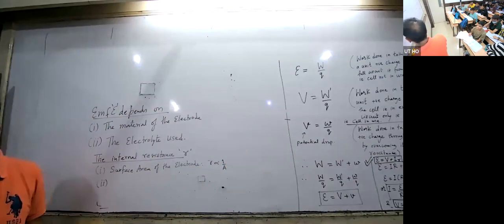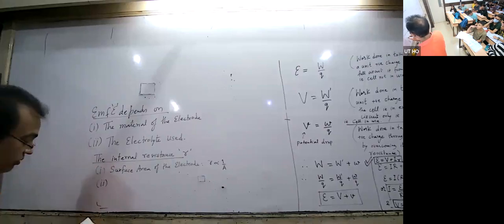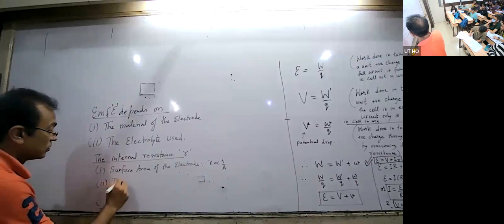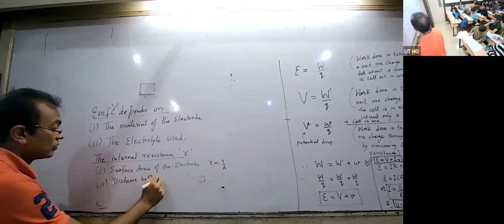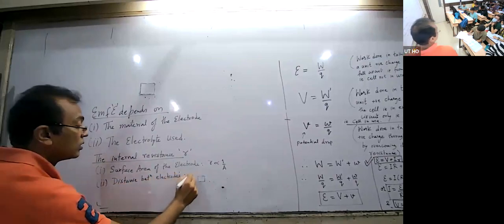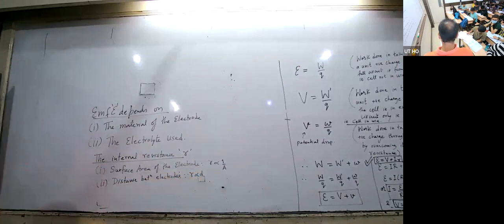Same thing. So it will depend directly on the distance between electrodes. If the distance is more, then the internal resistance will be more.